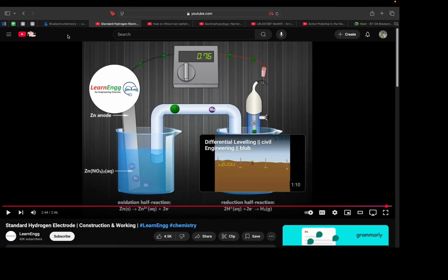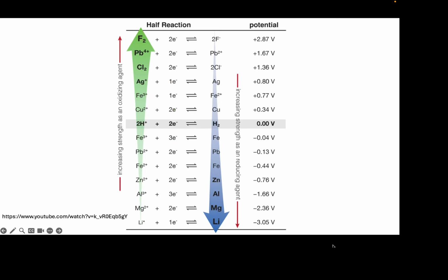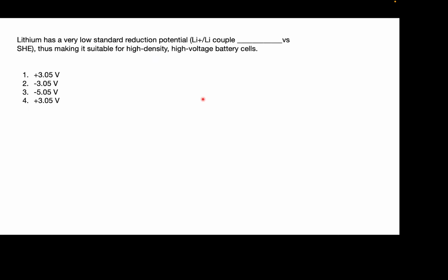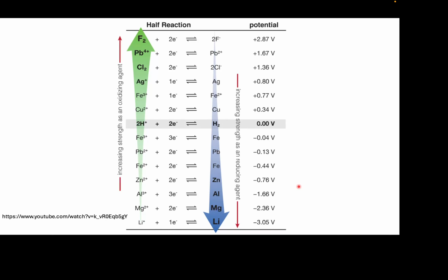Right? So it was pretty basic. It was already discussed in the sessions. So this was sort of a revision of how we are measuring these standard potentials and how we know the numbers and values. For example, in this question itself they asked about lithium, so it's good to know what the potential of these is.